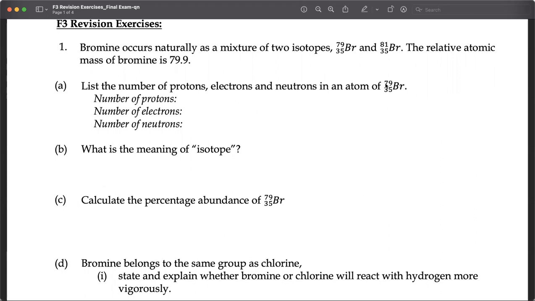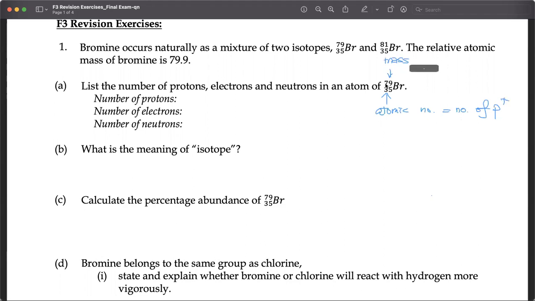We have to remember that the lower number should be the atomic number, which is equal to the number of protons, while the upper number is the mass number.